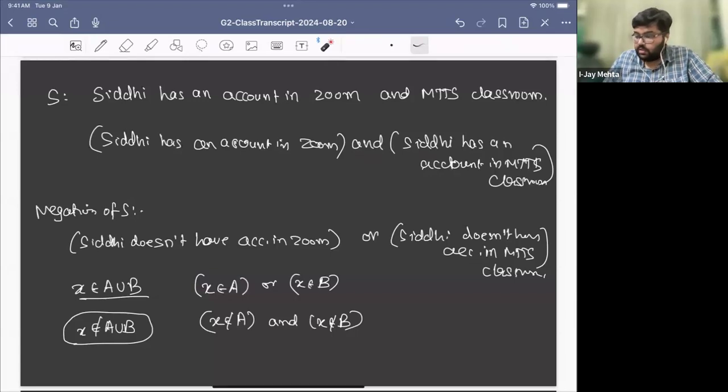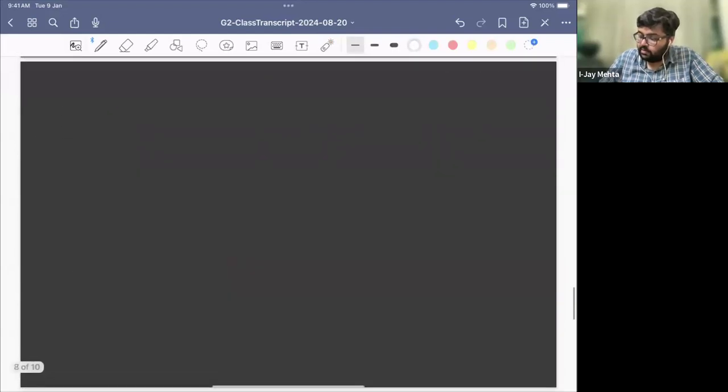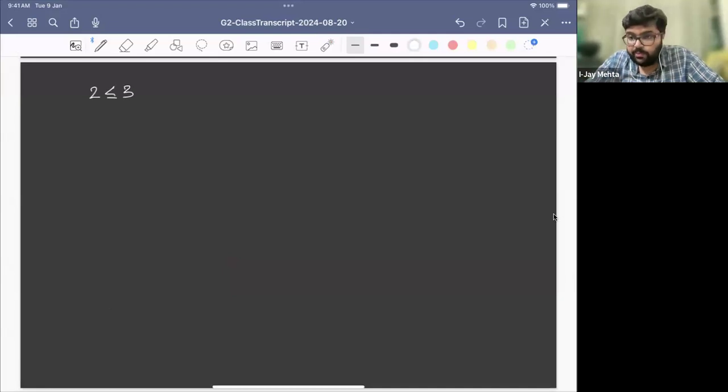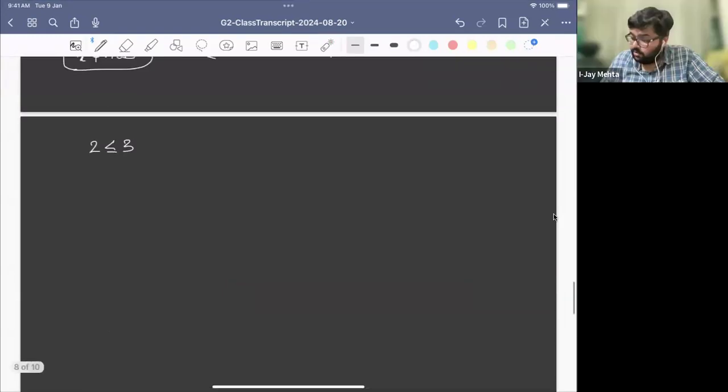When we say like this, 2 is less than or equal to 3. Yes, Pradnya, you have any question? हम वहां पे एंड की जगह और नहीं लिख सकते? कहाँ पे?